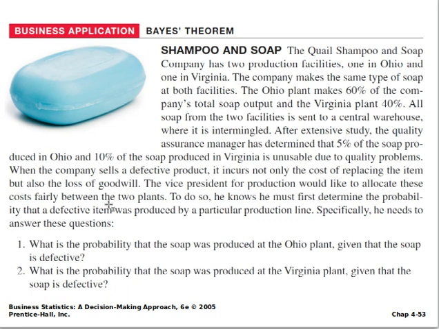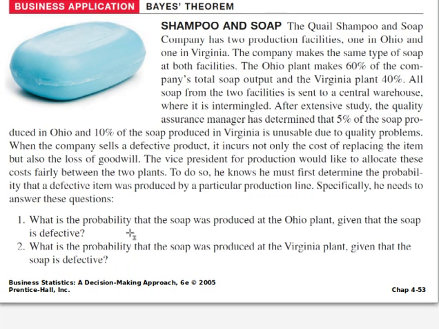The Vice President for Production would like to allocate these costs fairly between the two plants. To do so, he knows he must first determine the probability that a defective item was produced by a particular production line. Specifically, he needs to answer these questions. 1.